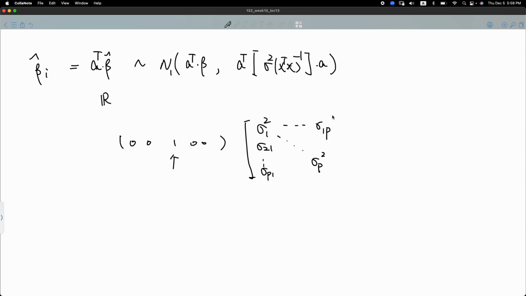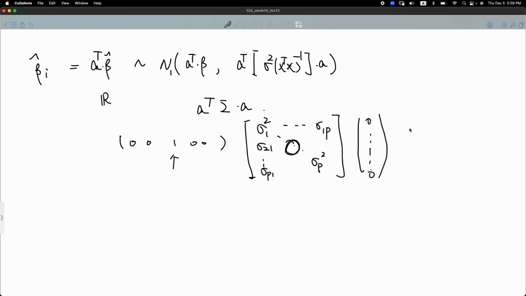So you have a p-dimension square matrix and then a column vector which also has a 1 in that. So when you're expanding these terms, when you do this A transpose sigma A, what you're doing is actually just getting the ith entry in the main diagonal.